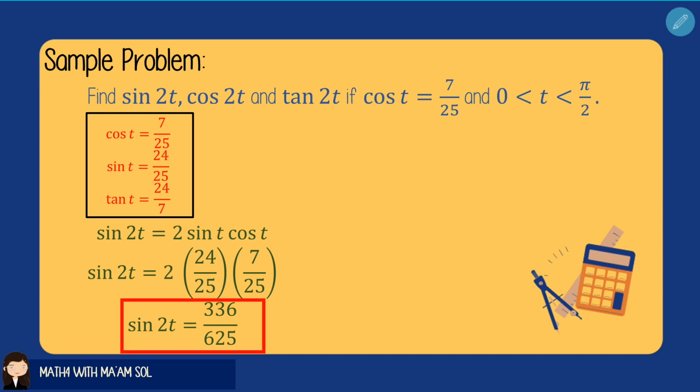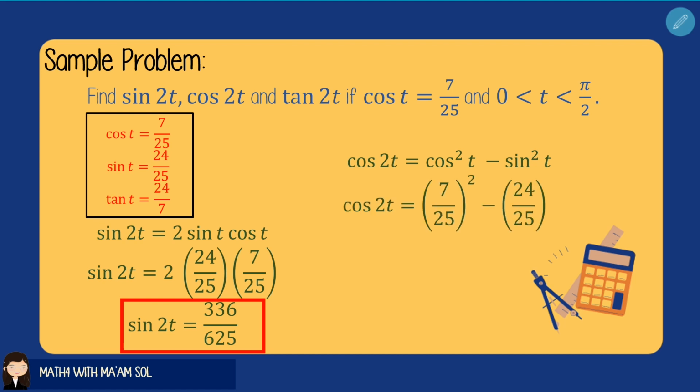Let's also solve for cosine 2t. So we know from the formula that cosine 2t is equal to cosine squared t minus sine squared t. So cosine 2t is equal to this quantity 7 over 25 squared minus 24 over 25 quantity squared. So we get cosine 2t is now equal to negative 527 over 625.